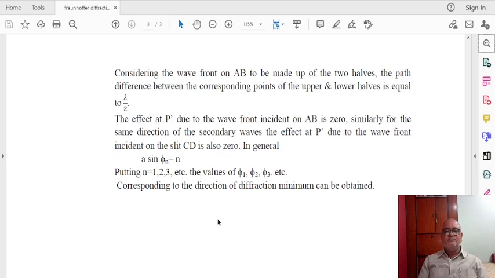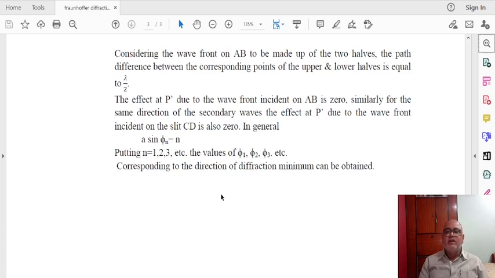In general, we can write a sin φn equals nλ, and for n we can put 1, 2, 3, etc. The values of phi 1, phi 2, phi 3, etc., corresponding to the directions of diffraction minima can be calculated.